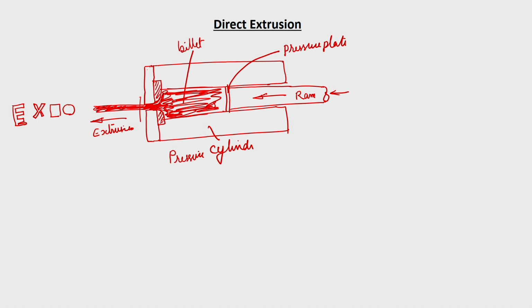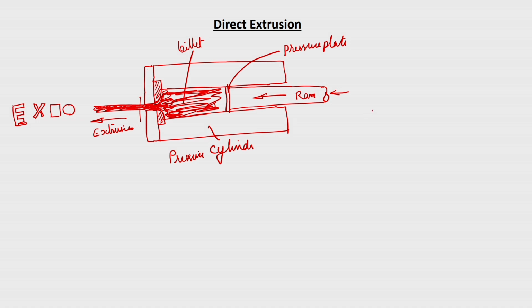But as the ram displacement takes place in the forward direction, the frictional force will get reduced, because the surface area of contact of the billet and the pressure cylinder gets reduced.